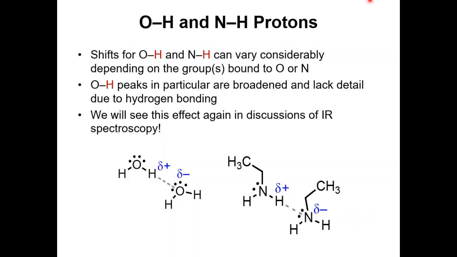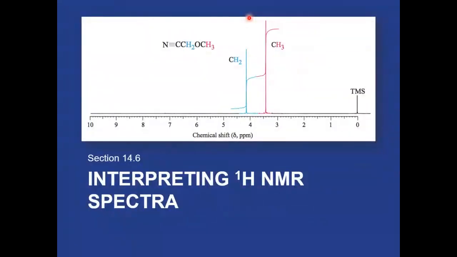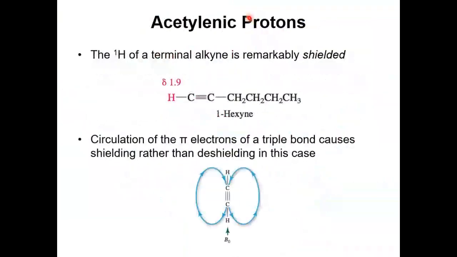So basically, OH and NH proton chemical shifts can vary a lot because the degree of hydrogen bonding can change a lot. That's why we very rarely use the chemical shift value of a proton to identify an OH or NH group, because the chemical shift value can change a lot.